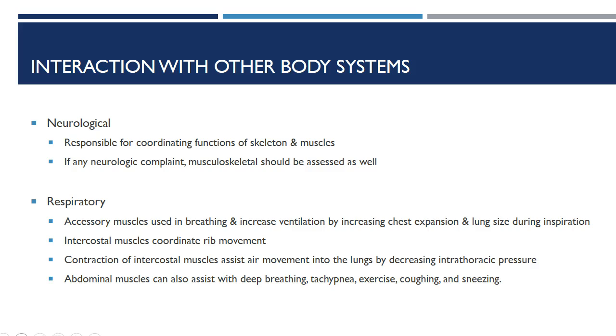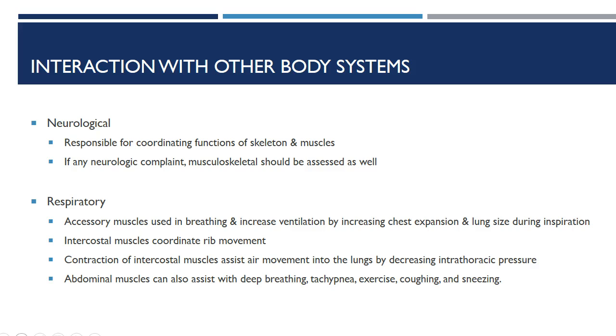It works with our respiratory system because we use muscles in breathing. So accessory muscles help to increase the ventilation and chest expansion. They also increase our lung size during inspiration. We have intercostal muscles, which help to coordinate our rib movement. Contraction of these intercostal muscles help to assist air movement into our lungs by decreasing the intrathoracic pressure.